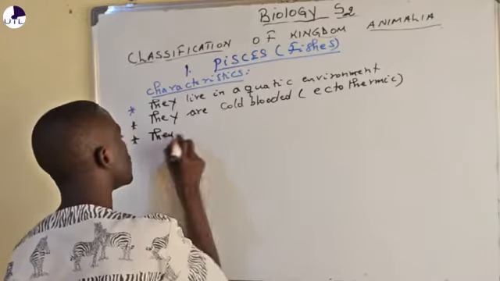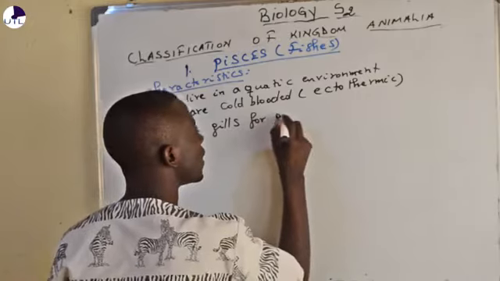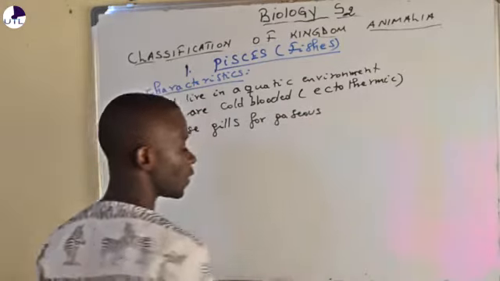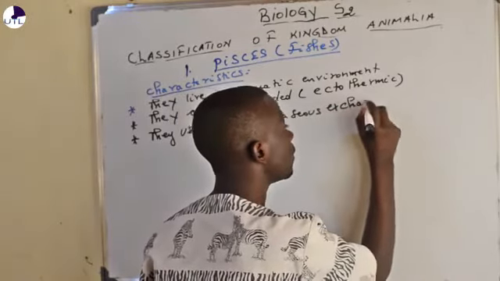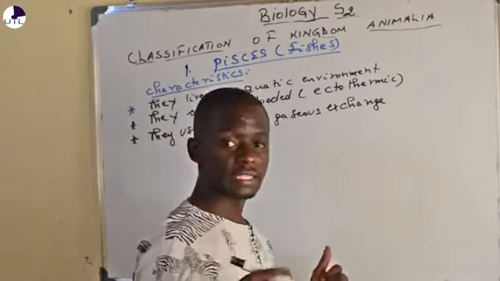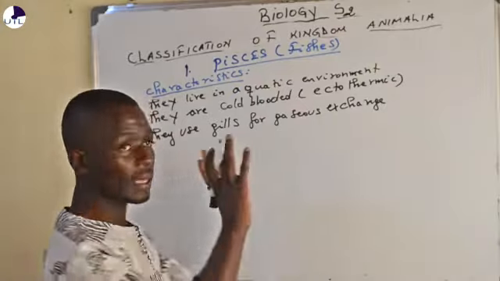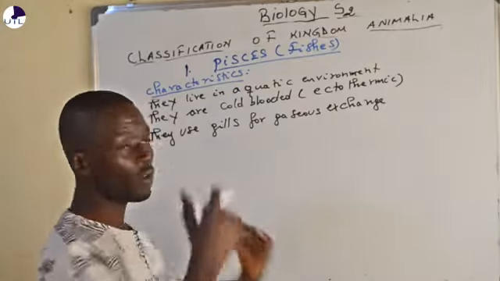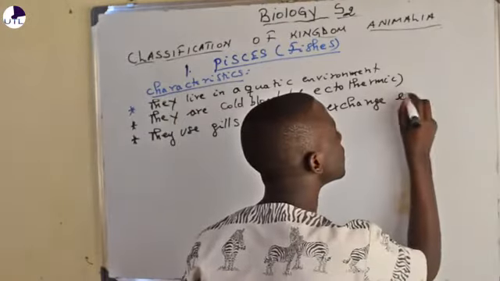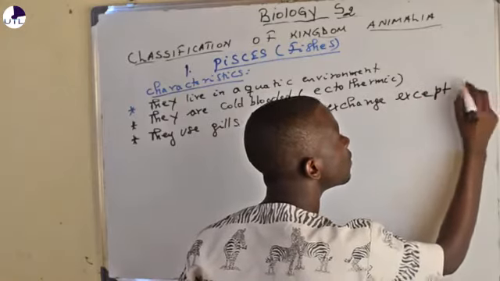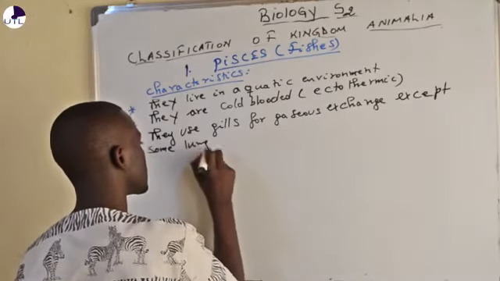We also have the third characteristic. They use gills for gaseous exchange, and sometimes there are some other fishes that use the lungs, but the common characteristic for almost all fishes is that they use gills, except some lung fishes.